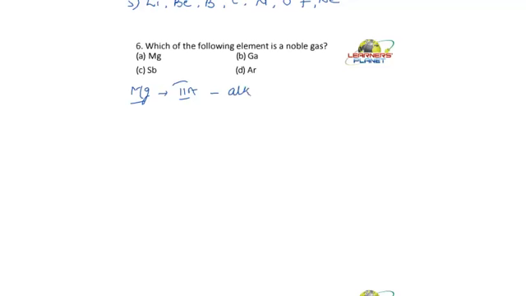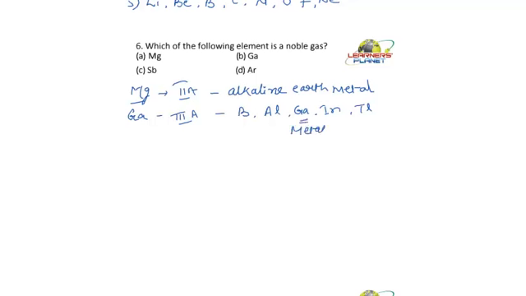And it is an alkaline earth metal, right? Second option is gallium. Where does it come? It is coming in your 3rd A group, right? And it is of course not a noble gas. It is along boron, aluminium, gallium, indium and thallium, and it is a metalloid.